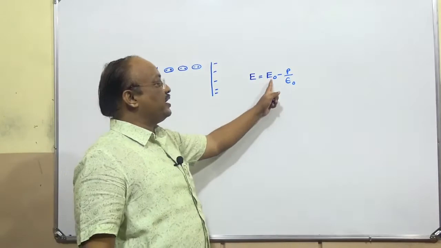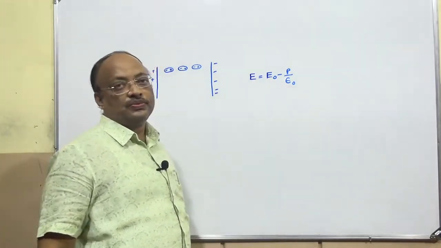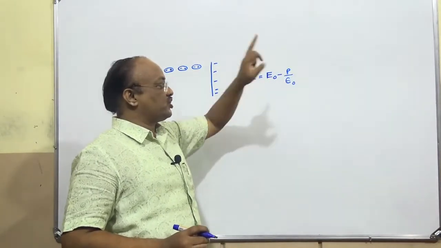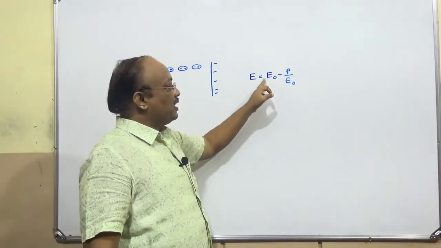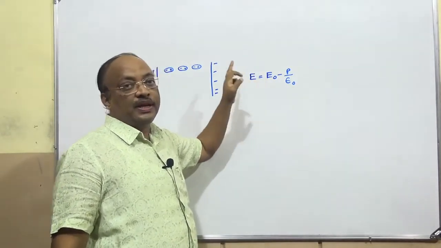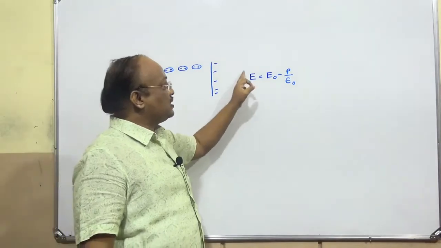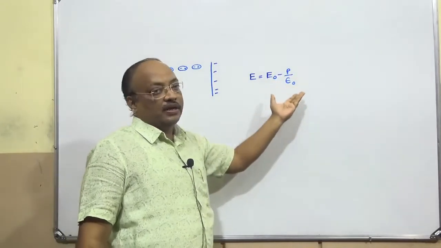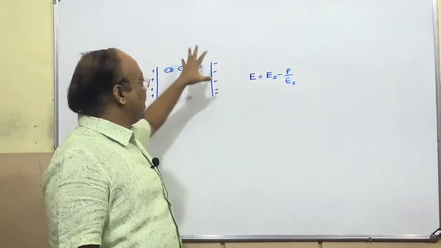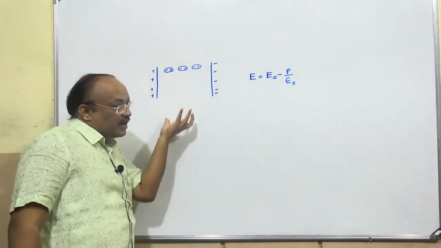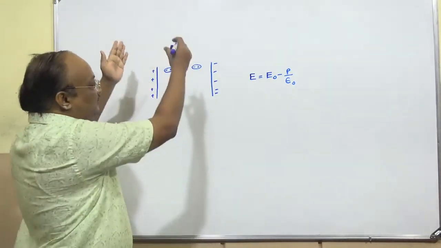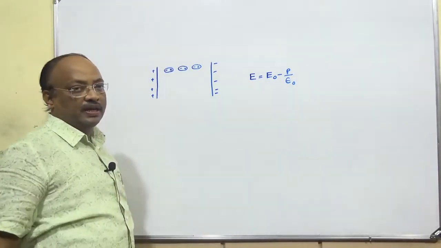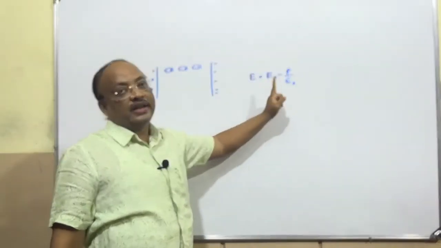So the electric field will get reduced by this amount. In this way, as soon as a dielectric is introduced between the capacitor plates, the electric field will get reduced.